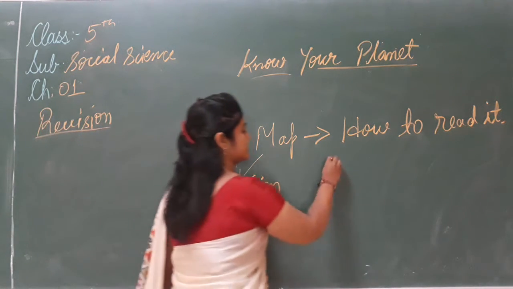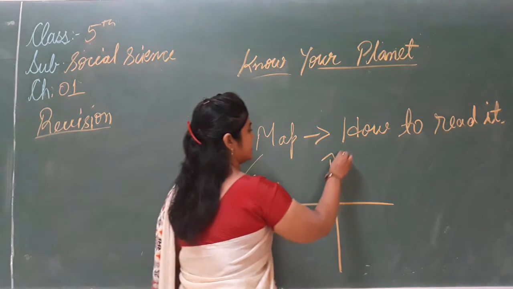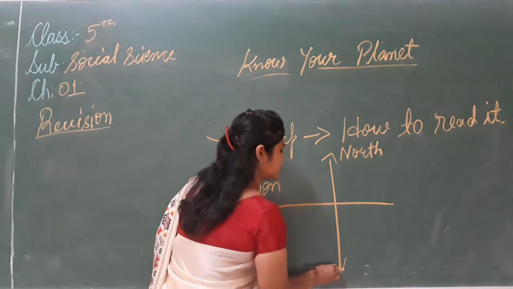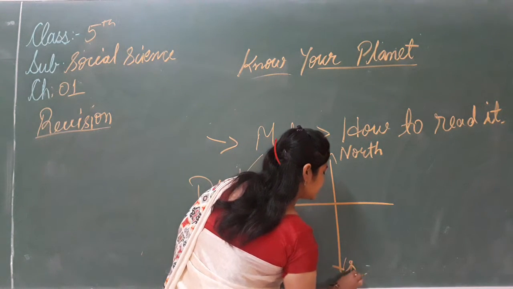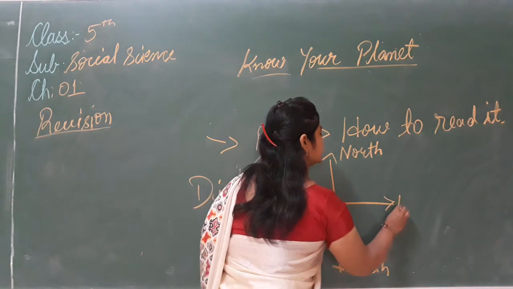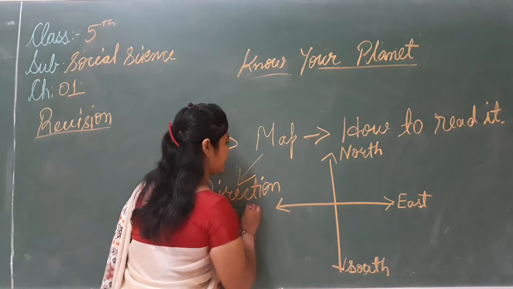At the top part is the north, at the bottom is the south, at the right side is the east, and at the left side is the west.